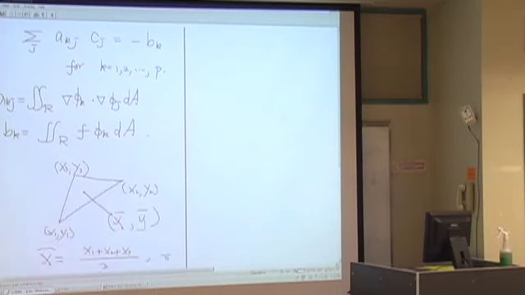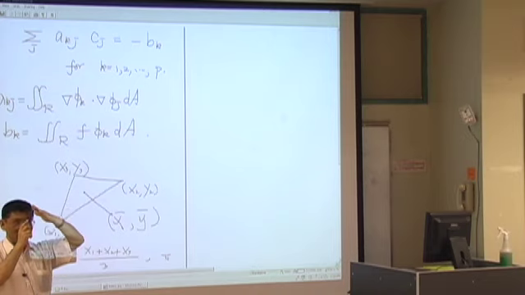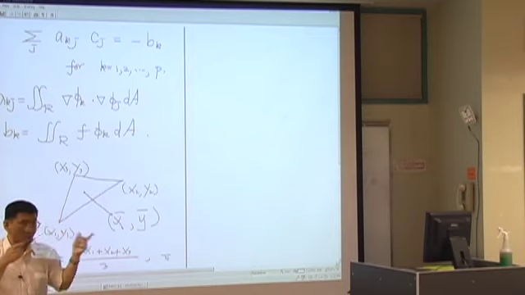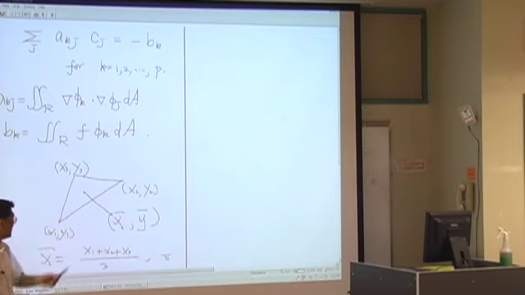Why do we care about the center of mass? Because we will use the two-dimensional midpoint rule. In the one-dimensional midpoint rule, the midpoint is obvious, but in the two-dimensional midpoint rule, what is the midpoint? The midpoint is this one. So we will use midpoint approximation.